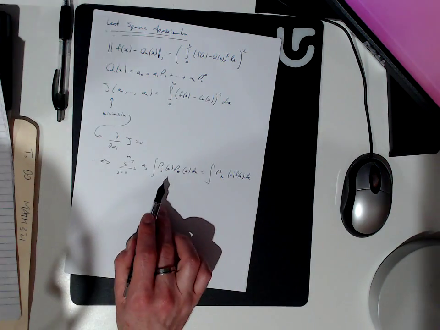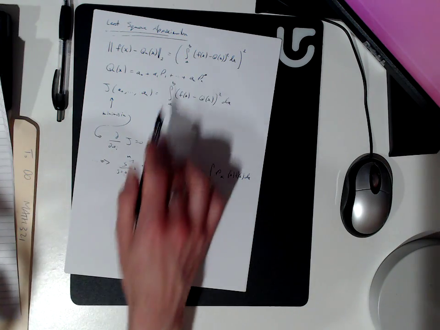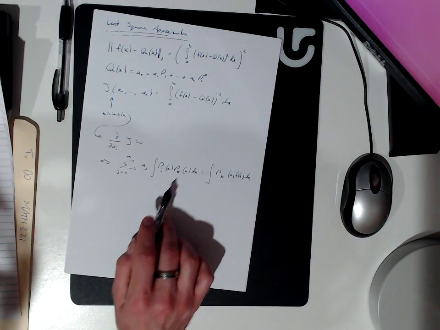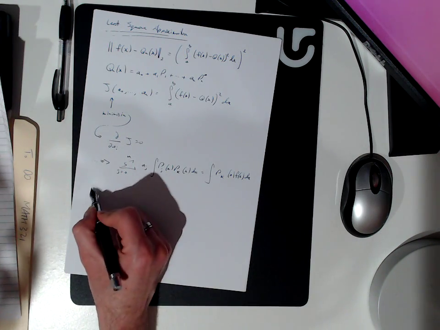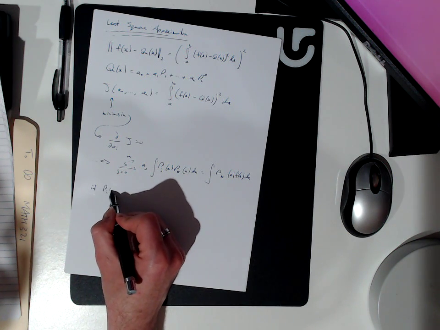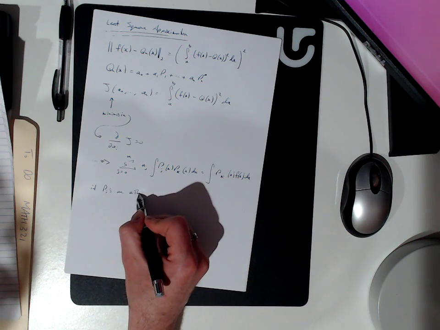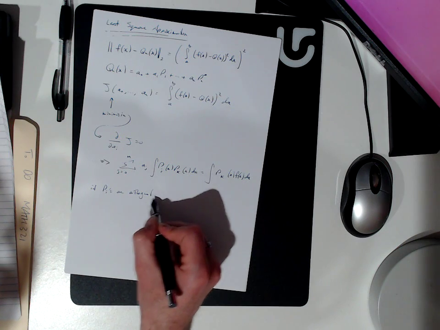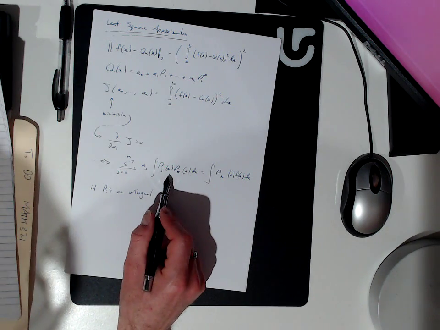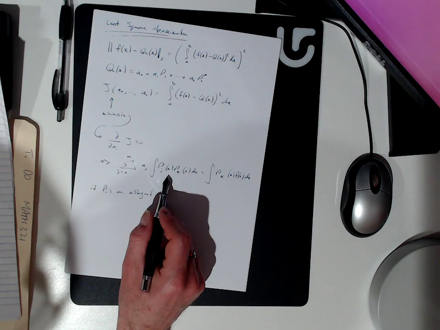Now you don't have to use orthogonal polynomials when you do this kind of calculation, but if you do, then this is going to be non-zero only when j is equal to k.